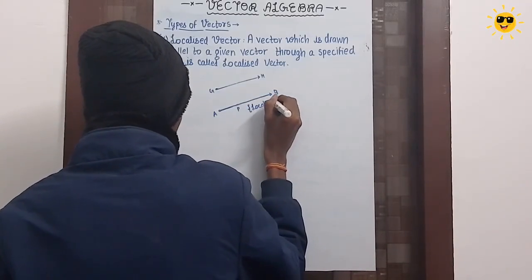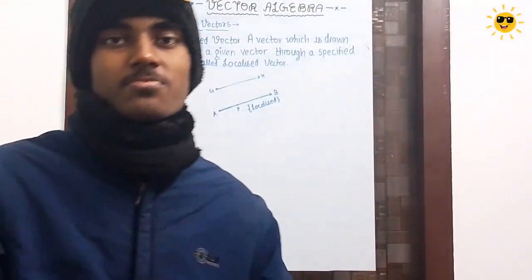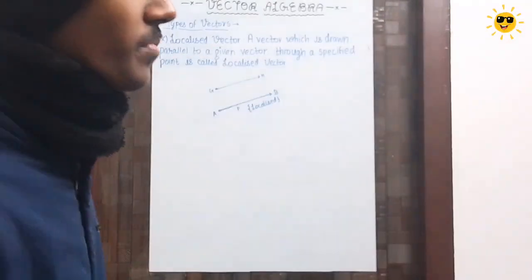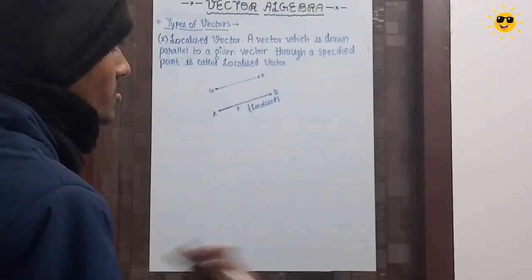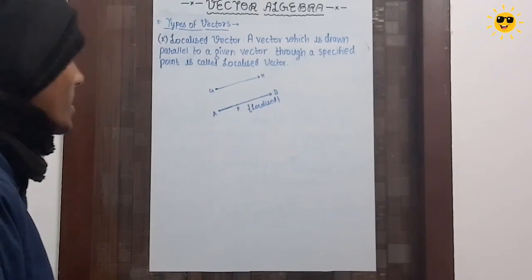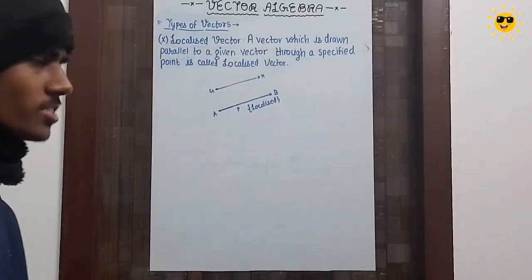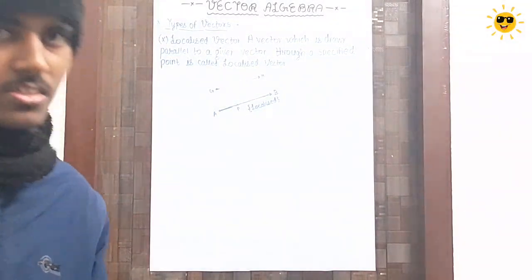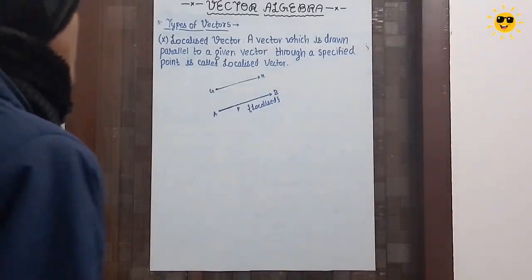AB vector is localized. It is a VIP vector which we are giving special treatment to pass through the point P, and to honor that we just say localized. The localized vector is drawn parallel to a given vector to a specific point. So it's nothing else, just a vector having a name, having a very VIP treatment.